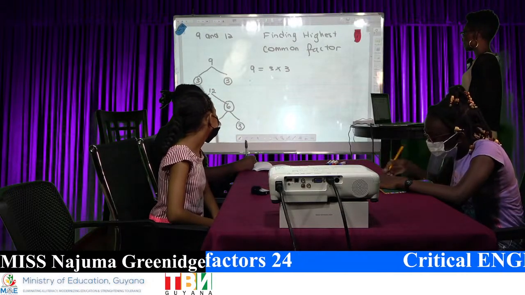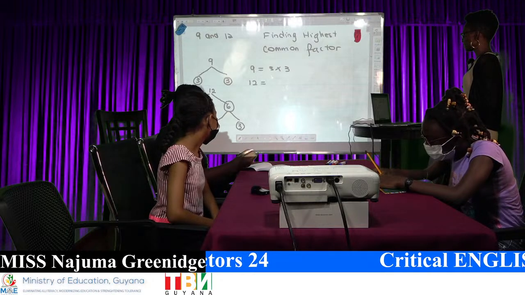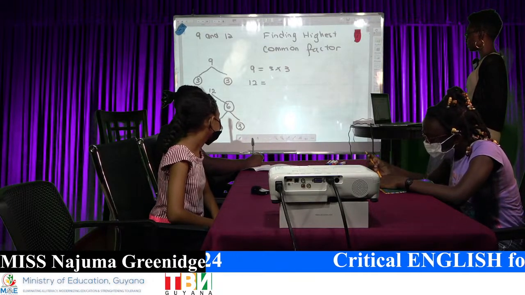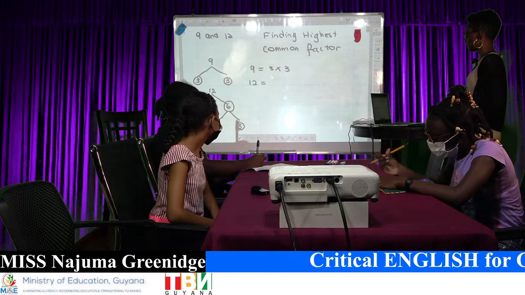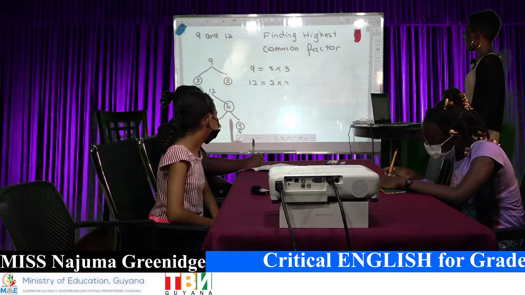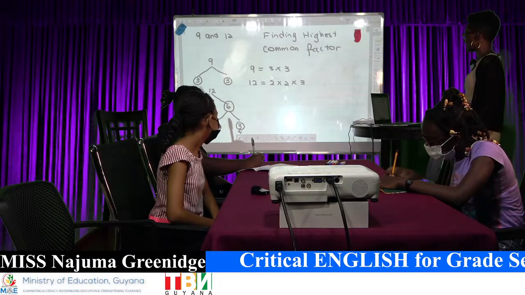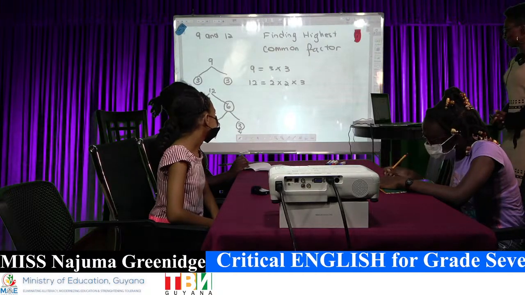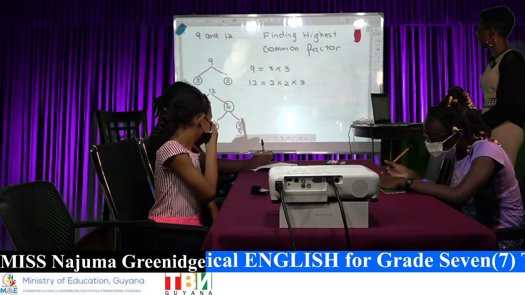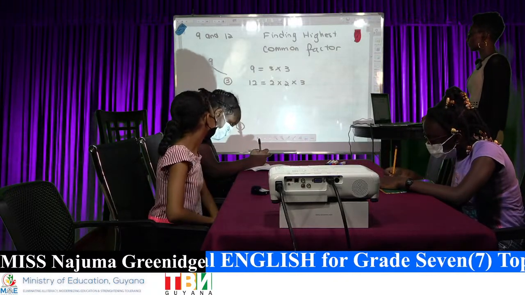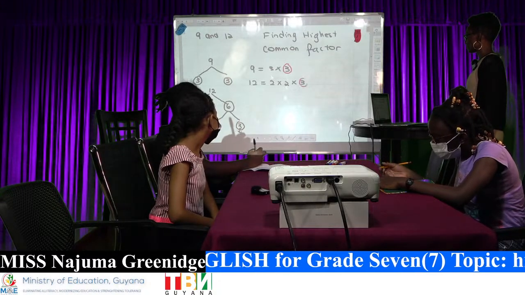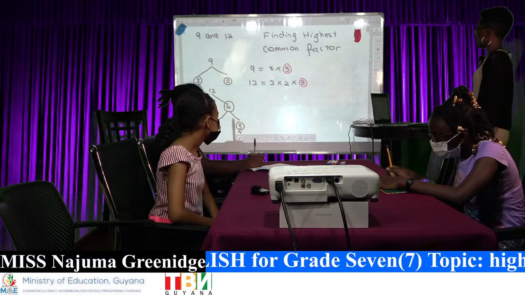So 12 equals, so the ones at the ends here, so to speak, these are our prime factors. So it's 2 times 2 times 3. So what do we need to do next? Check to see what is common, or what is the highest common factor here. We have a 3 here, and we have a 3 here. So we take it once, right?